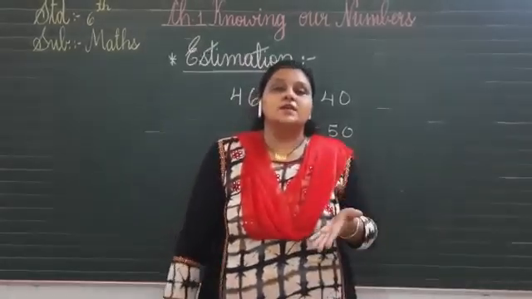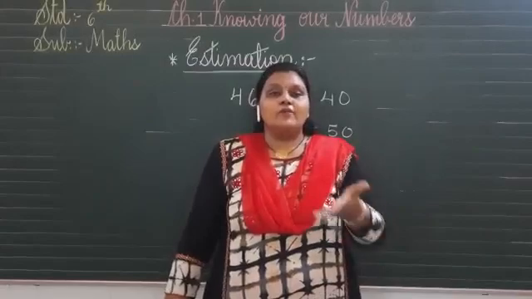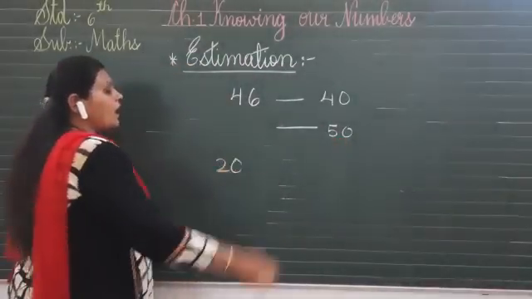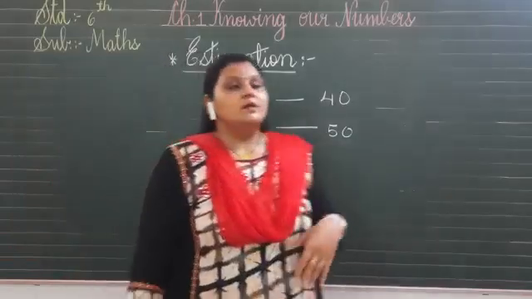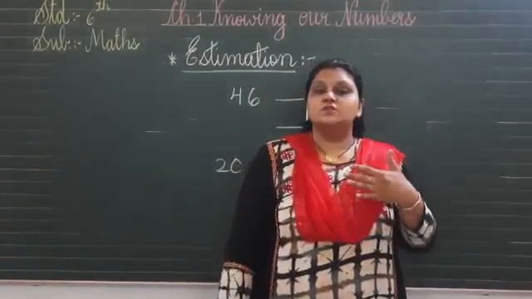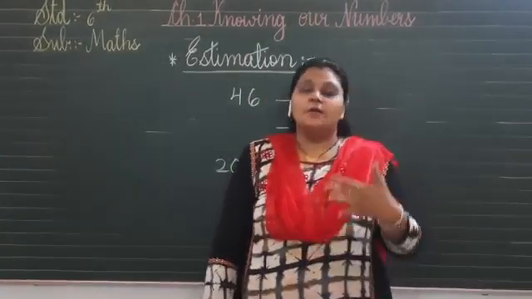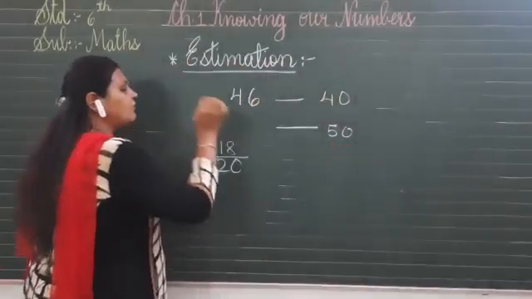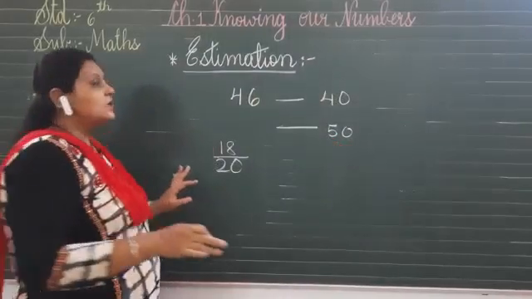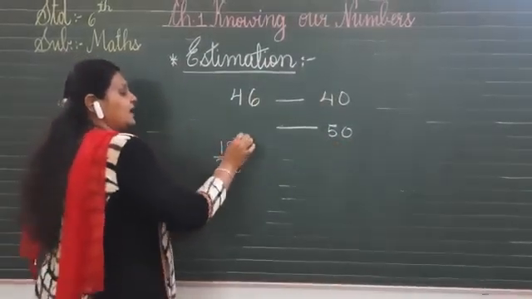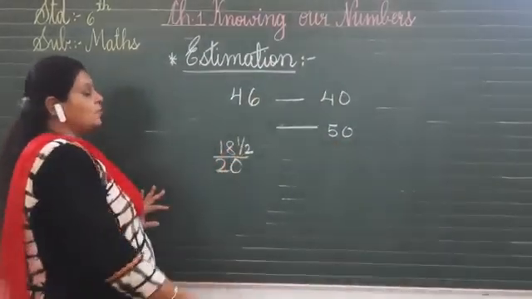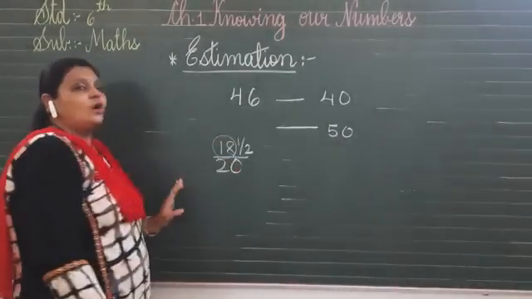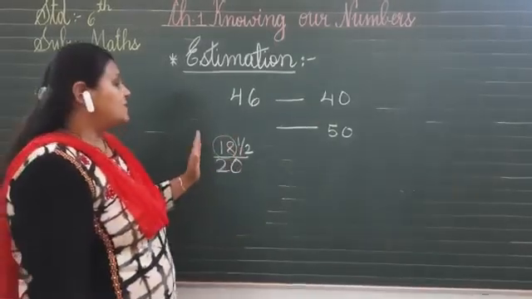Now for example, if you have given a test of 20 marks, out of 20 you are thinking that my paper was so good that I will get minimum 18 marks. But when the madam declares the result, you get 18 and a half. So this 18 is your estimation. What is the reality?